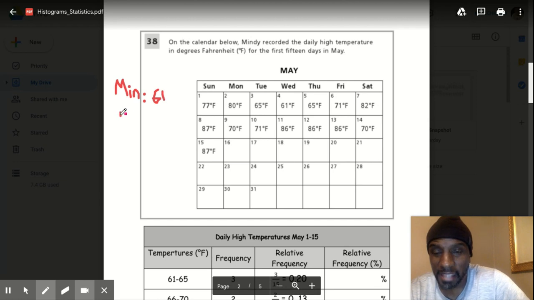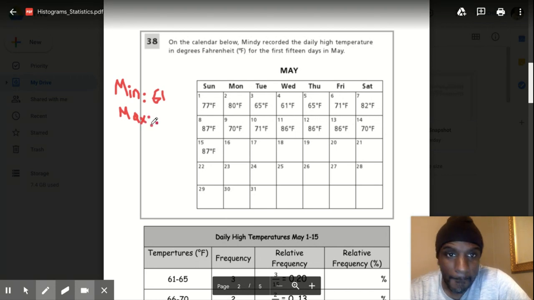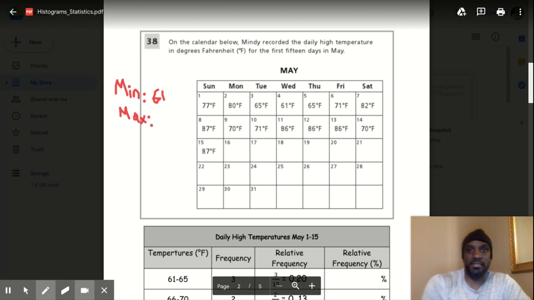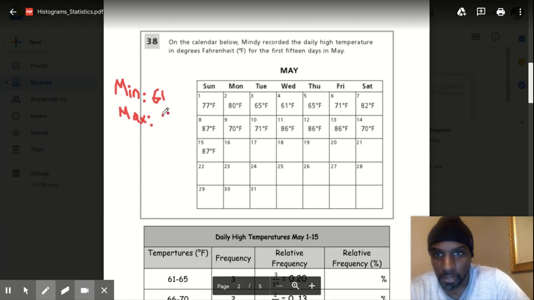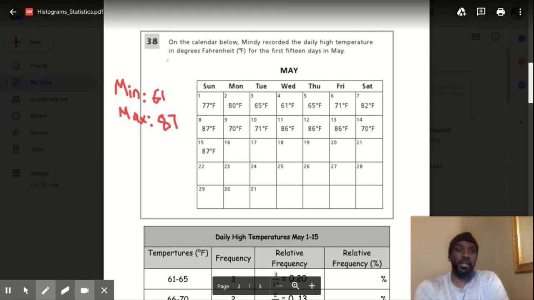My maximum number, the max here, I see an 86. Is there anything higher than 86? 87. Okay, cool. 87. Now, 87 minus 61 is what? That gives me 26.